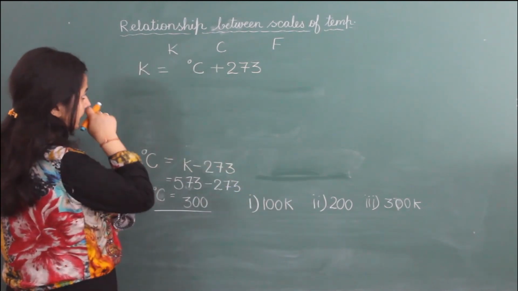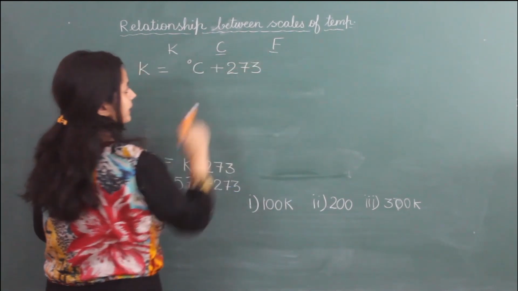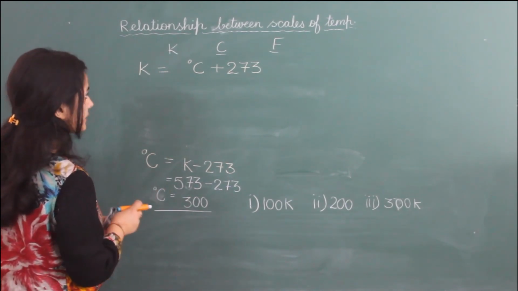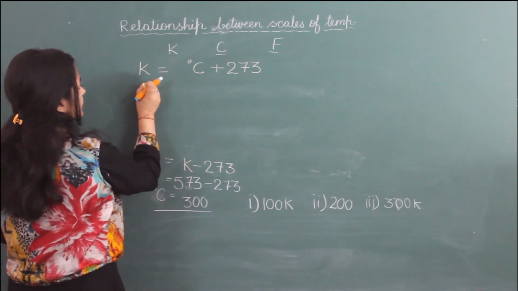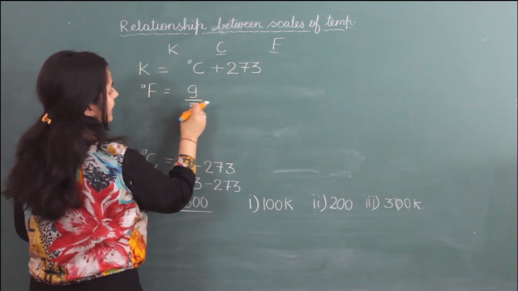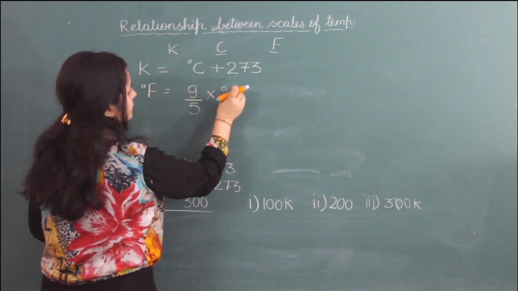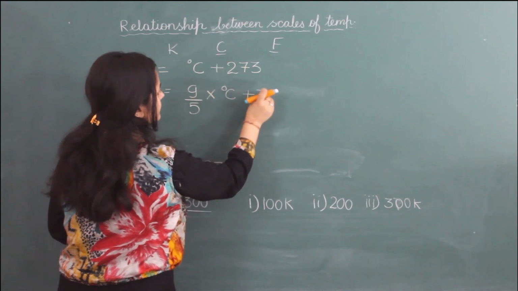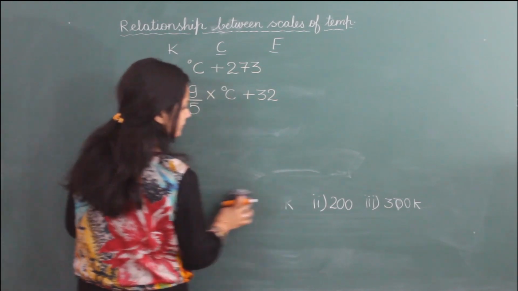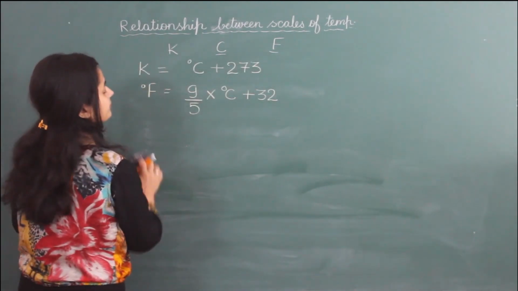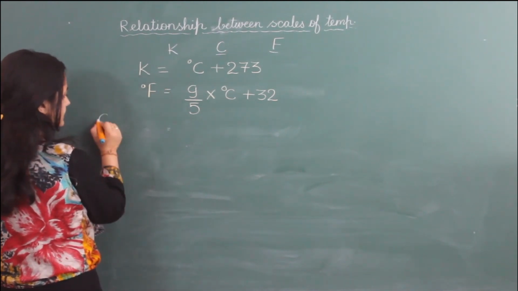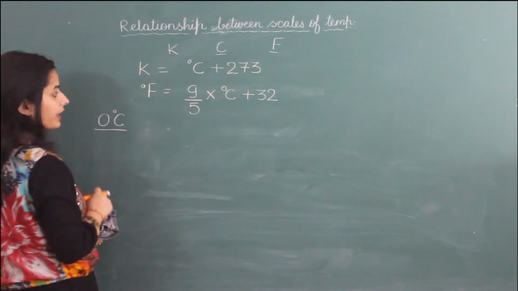Second, we are going to convert between Celsius and Fahrenheit. You have done this in lower classes also, so today we are simply revising it. Degree Fahrenheit is equal to 9 by 5 into degree Celsius plus 32. I am taking an example now: 0 degree Celsius, the freezing point of water.